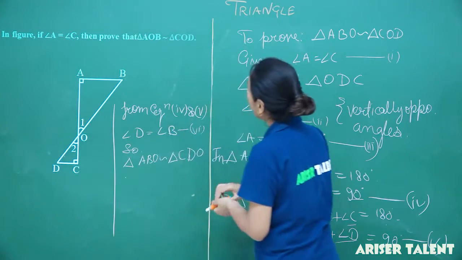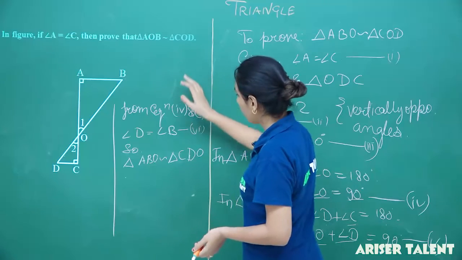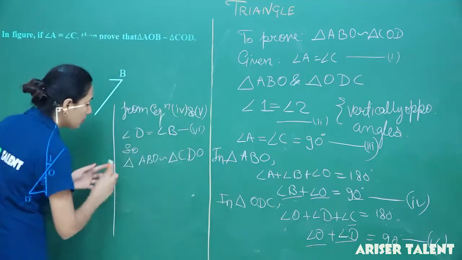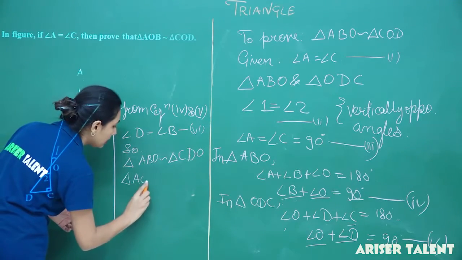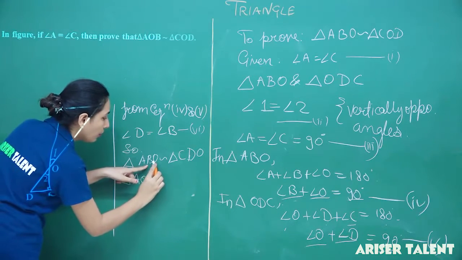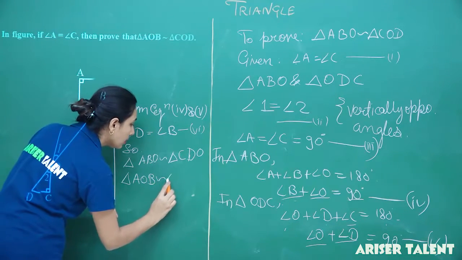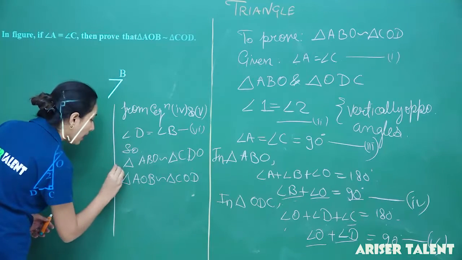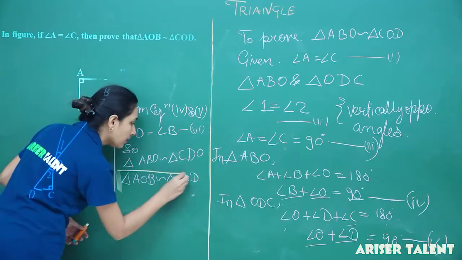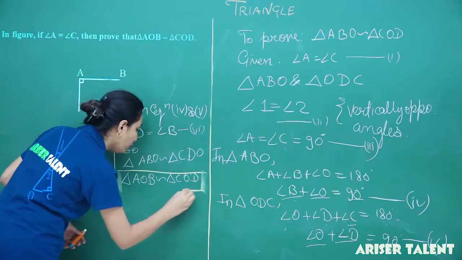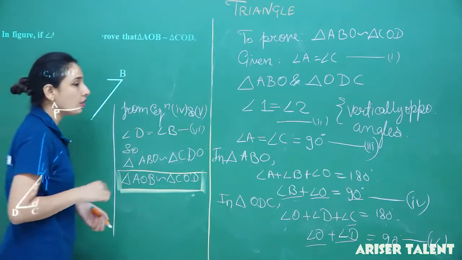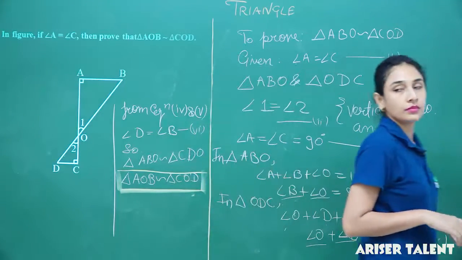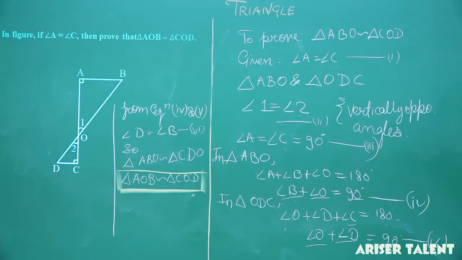So, we have proved that AOB, if we write it like AOB, we have to replace this also, angle COD. So, this is the required proof. Okay, students, note it.